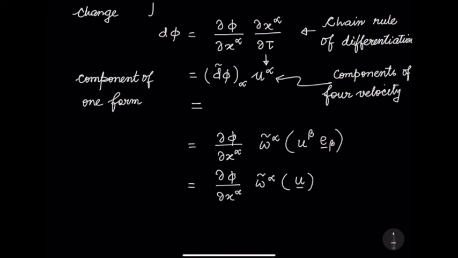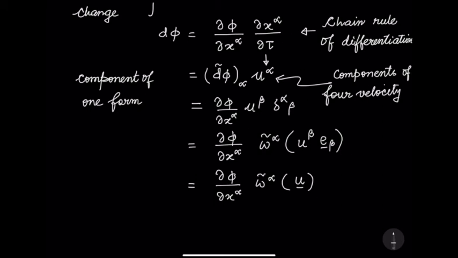So that is equal to del phi del x alpha U beta, and then when I do W alpha on E beta, what I get is delta alpha beta. And you can see in a master stroke from the third line, you can go to the first line by using the property of delta alpha beta.